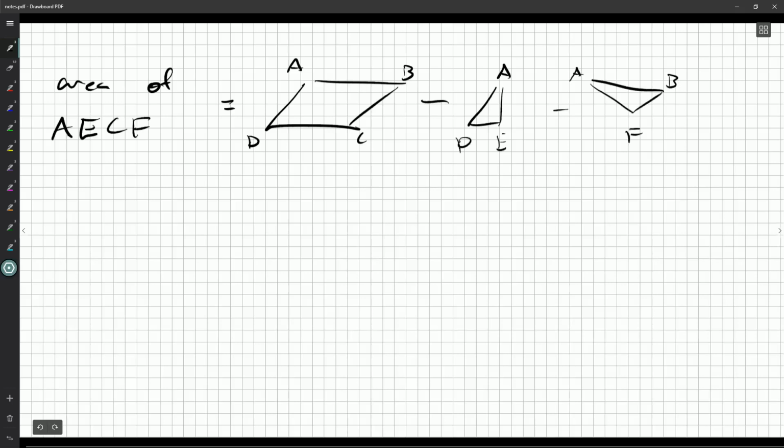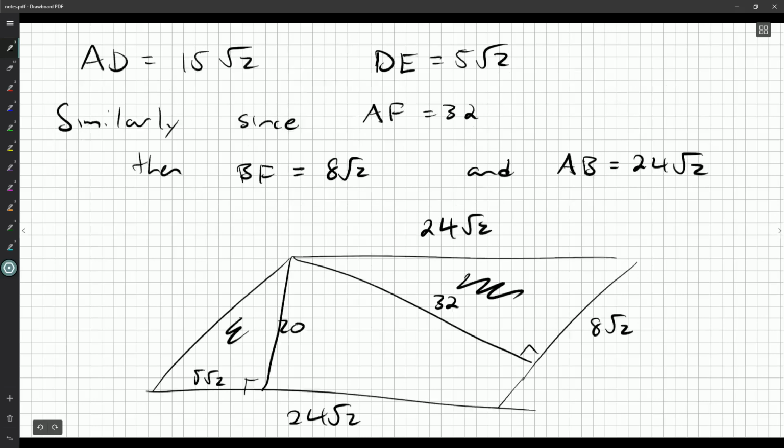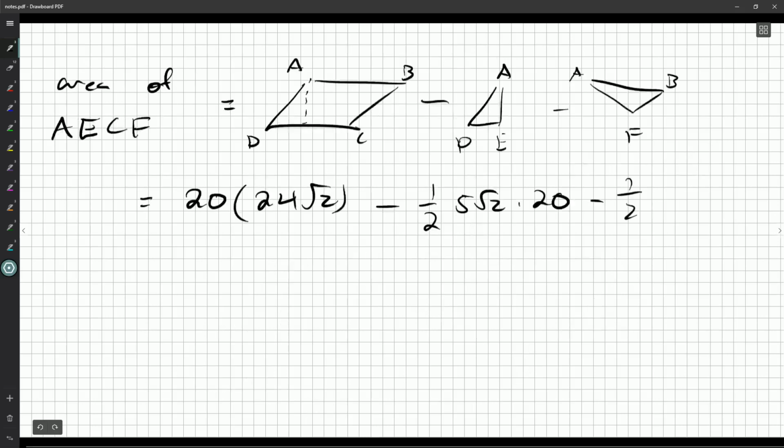So you need the base times the height for a parallelogram, so that's 20 times 24 root 2, minus 1/2 base of 5 root 2 times height of 20, and then the base was 8 root 2, so minus 1/2 8 root 2 times 32. And this should be our answer.